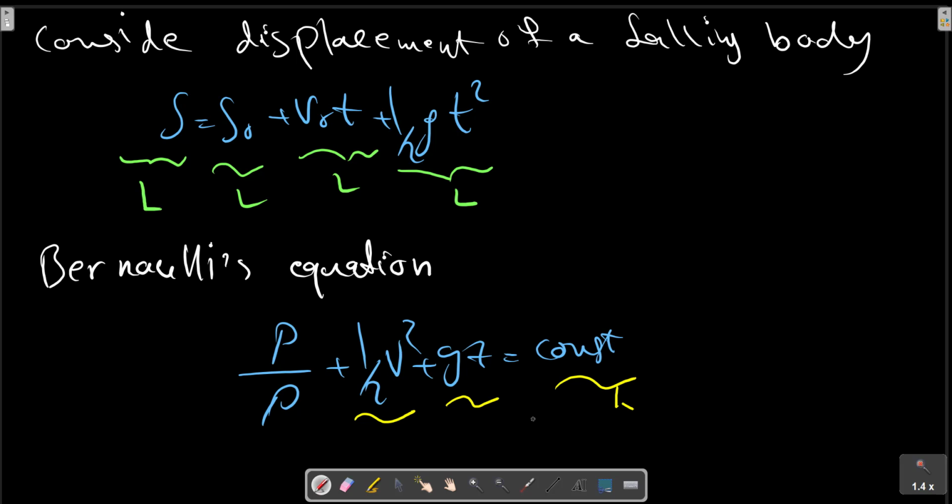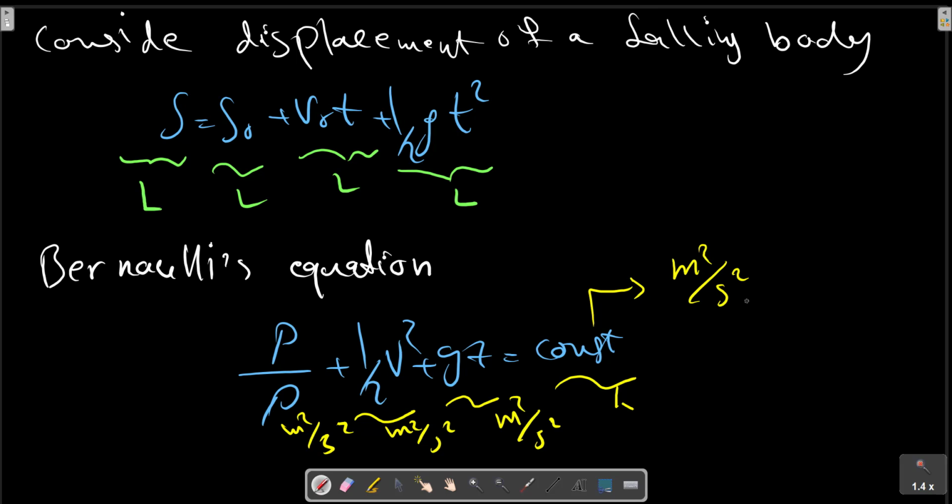So we should calculate the dimension of the constant here. Each term has the dimension of velocity squared, so the constant, about which we don't have any information, can be calculated as having the dimension of velocity squared also. The equation is dimensionally homogeneous and gives proper results for any consistent set of units.